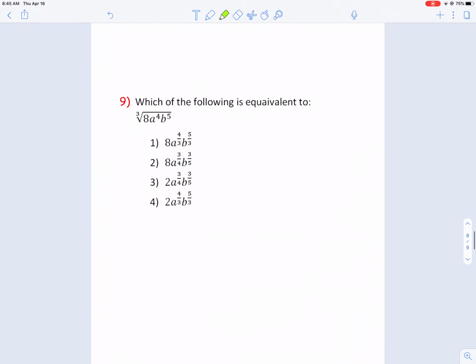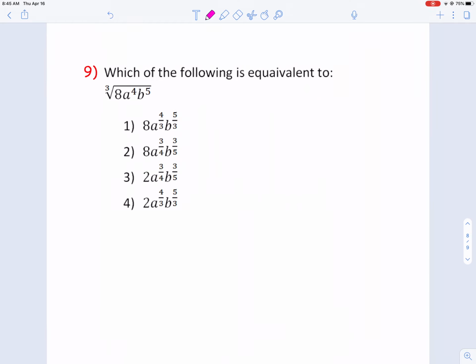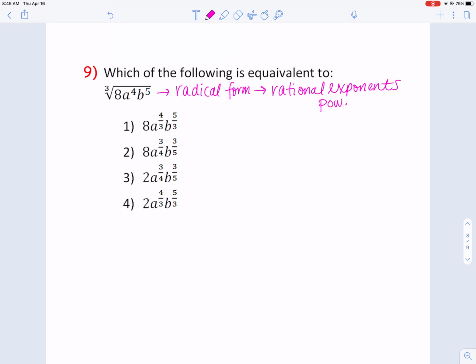Okay, last one. This is a good question. Another Regents question from a few years ago on A2. If you are going to rewrite this radical form and convert it back into rational exponents, you need to do power over root.